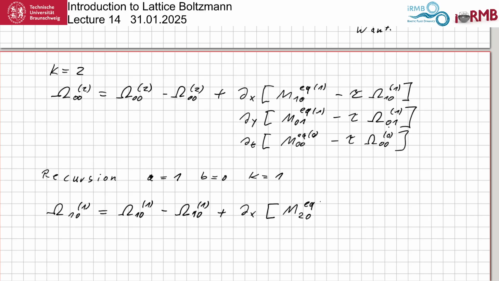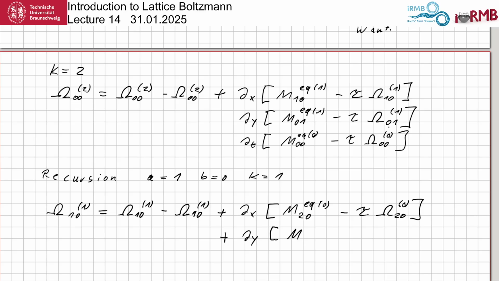Second order? No, this zeroth order, minus tau, of course the same thing, so it's 2, 0, zero order, plus dy, which moment? 0, 2. 0, 2, 0 order.